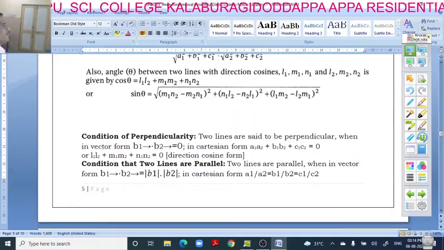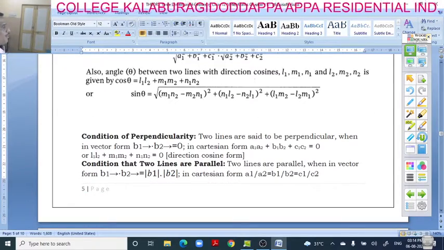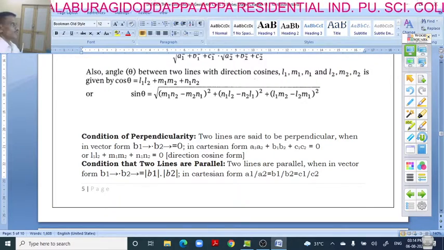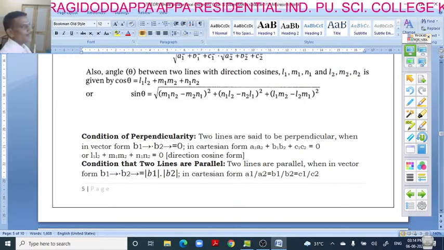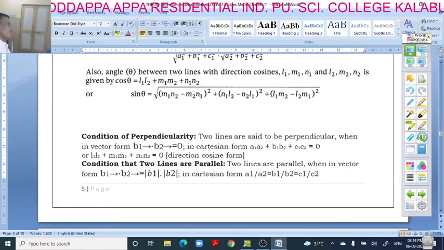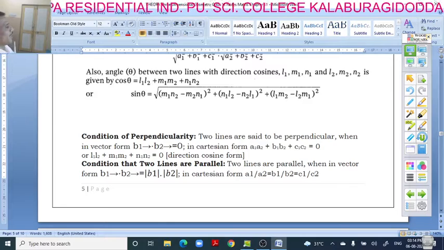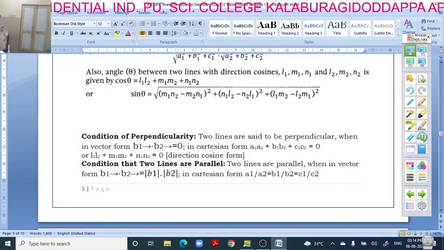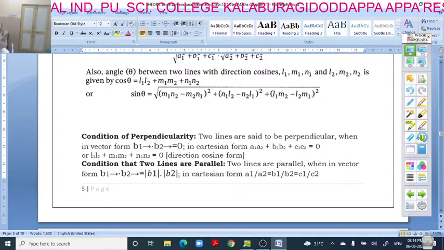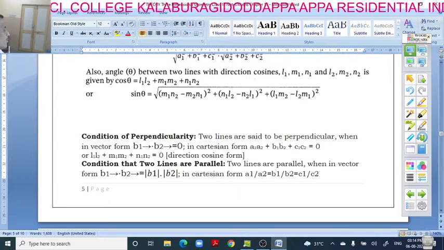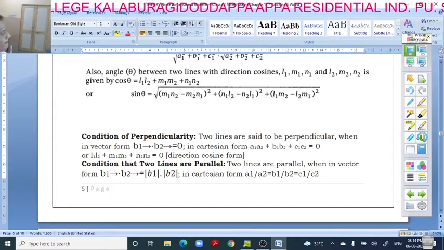Next, there are two particular cases we can consider. The two straight lines may intersect. You may get an acute angle, an obtuse angle, or particularly those two straight lines may be perpendicular or parallel. So you can straightforwardly decide whether the given lines are perpendicular or parallel.